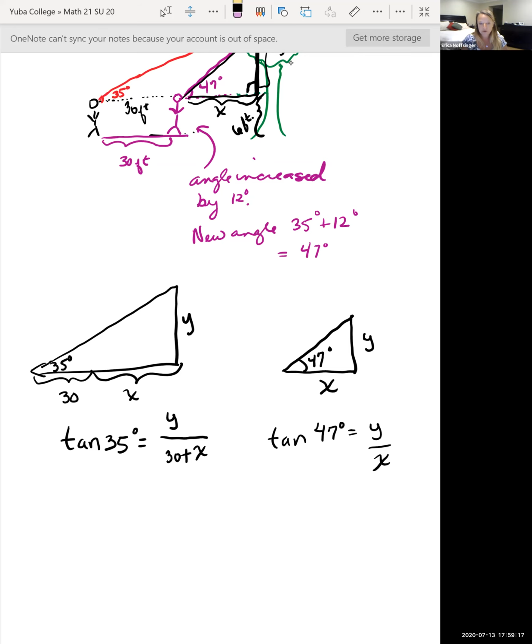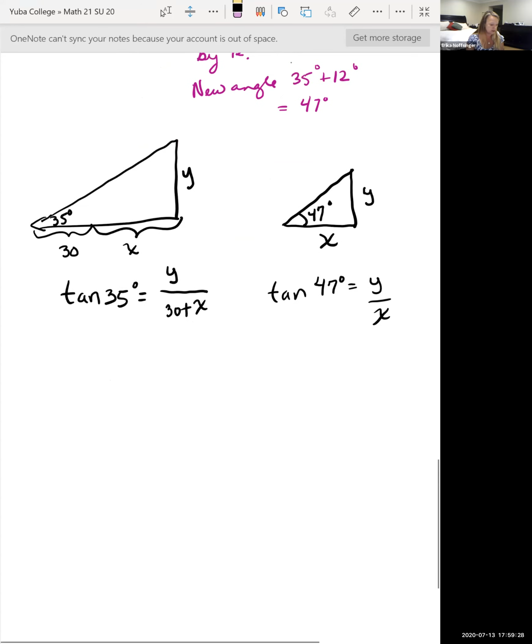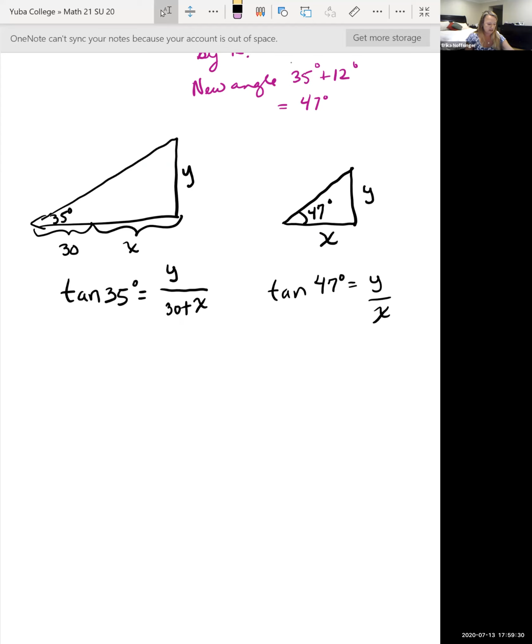Okay, so we have two separate equations, two unknowns. And so we can use our substitution method to find what one of the unknowns is, and then we can figure out what the other one is. I'm just going back to see if I missed any information. No. Okay.